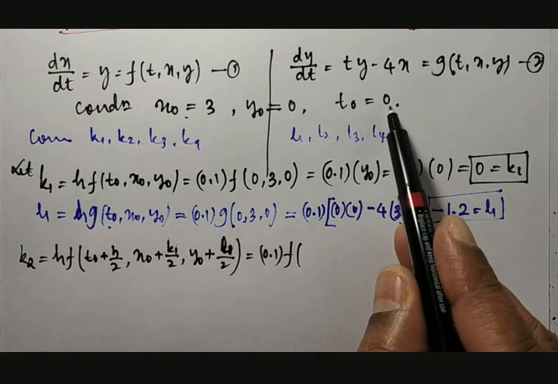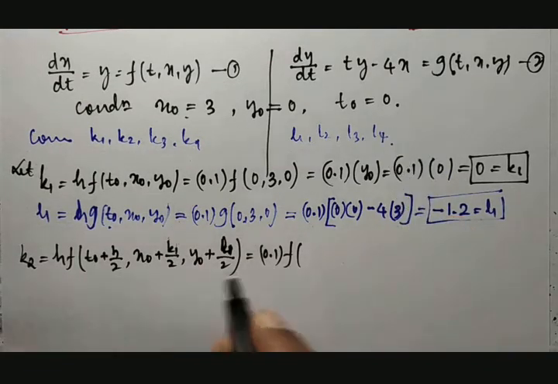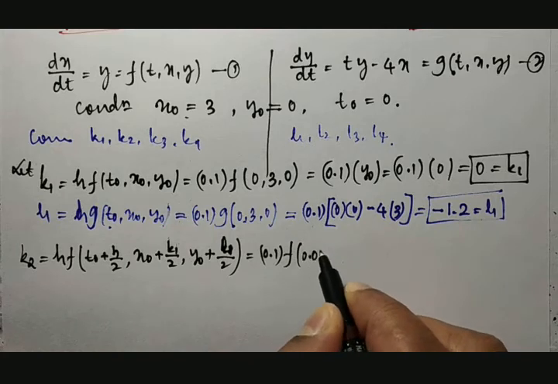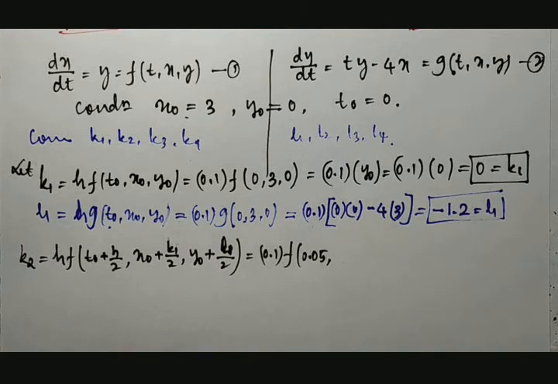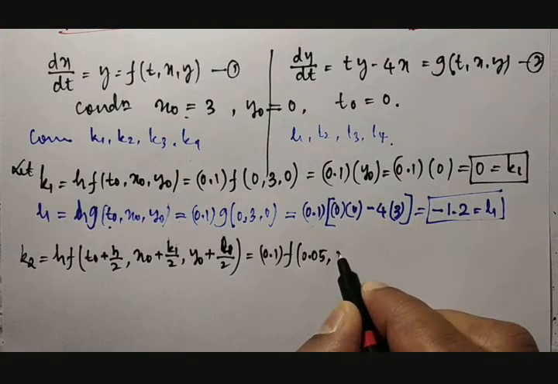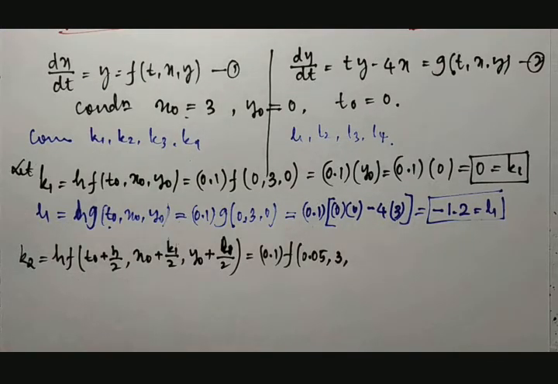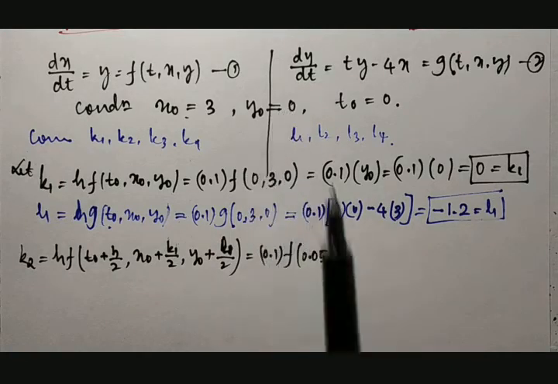T0 is 0. 0 plus h. H is 0.1. 0.1 by 2 is 0.05, comma, 0.05, comma. Then x0 is 3. K1 is 0. So it is 3, comma. Y0 is, yes, y0 is equal to 0.